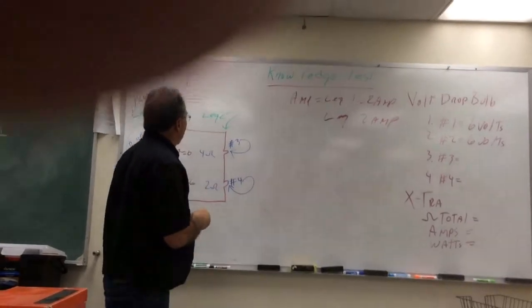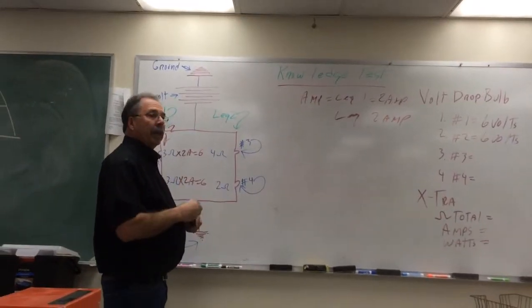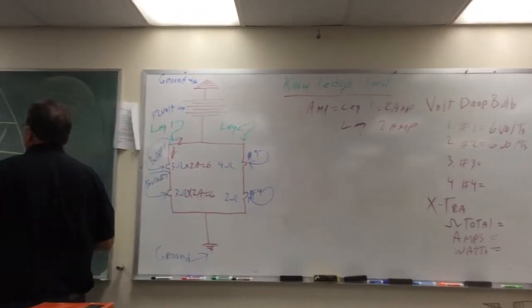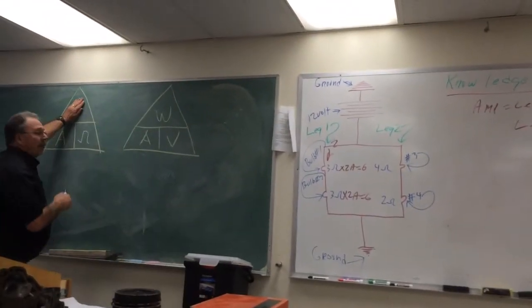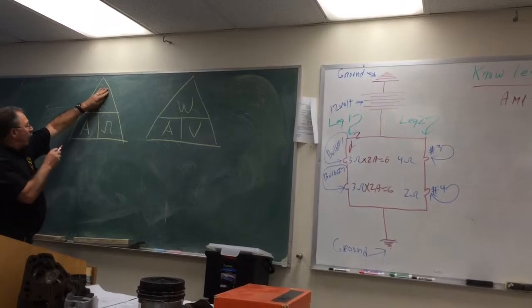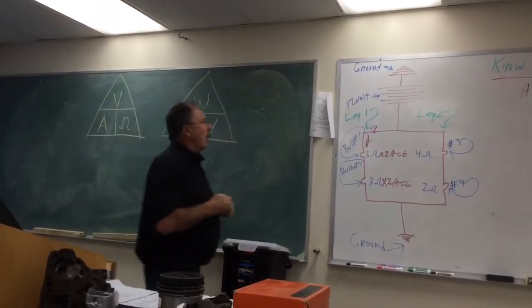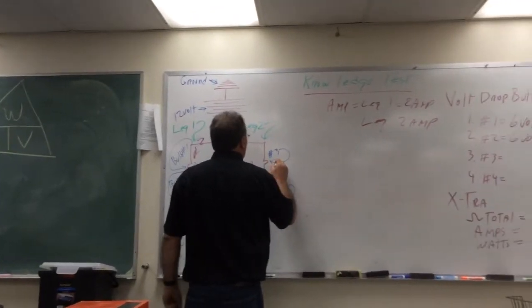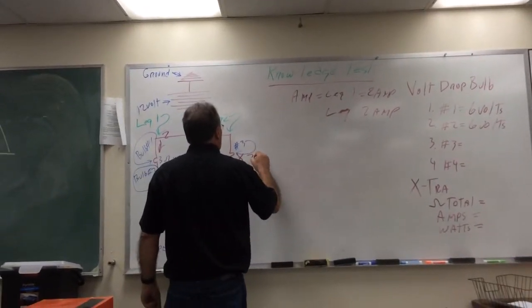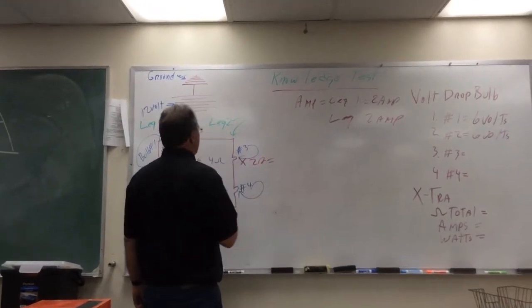So now, we want to find the voltage drop on bulb number 3. So we come over here. So to find voltage, we want to know amperage and ohms, correct? Okay. So we already know our ohms, right? So 4 ohms times 2 amps equals what? 8 volts.